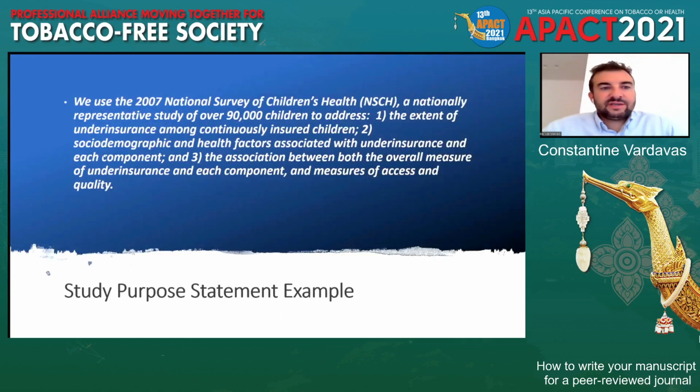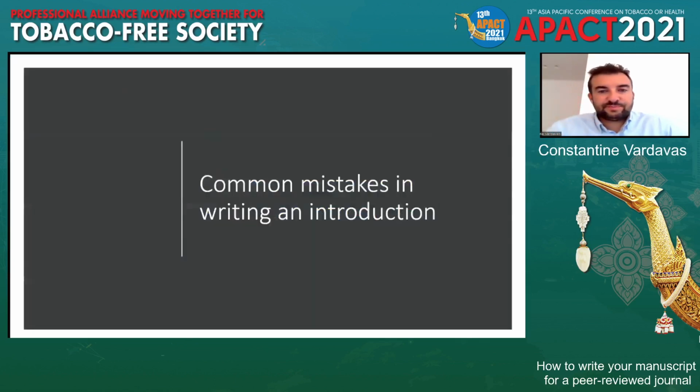As you can see in A, this is from our class that we do, that we have the National Survey on Children's Health, which is a nationally representative study of many children to address, one, the extent of insurance, two, social, demographic, and health factors associated with underinsurance, and three, the association between underinsurance and factors of quality of care. So this is just an idea of what you have. You have what you're going to address and what your research questions are, one, two, three research questions.